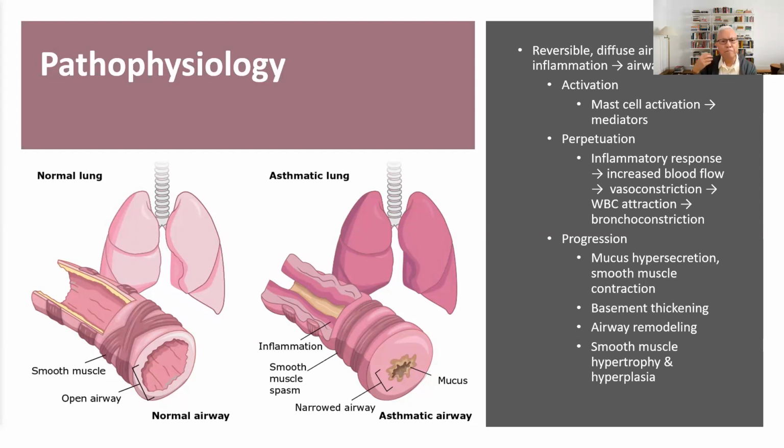So the pathological process begins again with an irritant, and there is hypersensitivity, which leads to inflammation of the airway and an increase in mucus production. If we take a look at the phases of how asthma starts, the early phase is initiated by what is known as IgE antibodies.